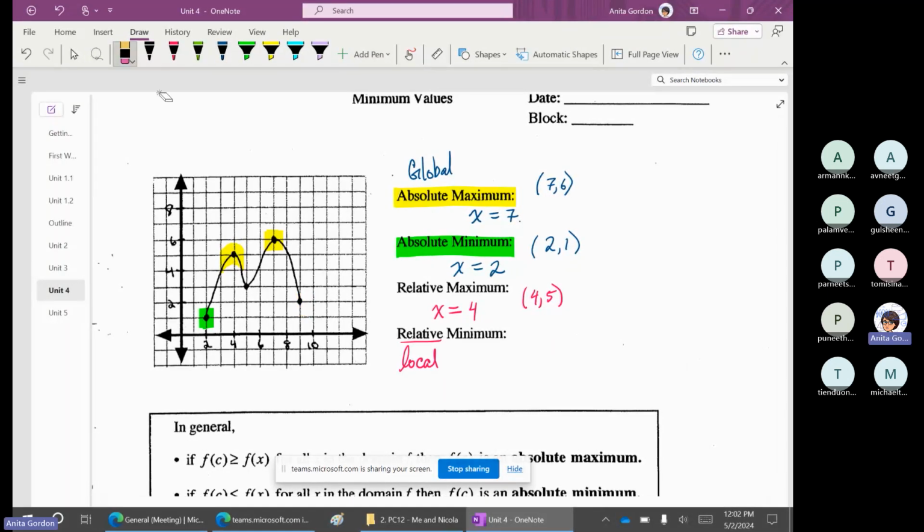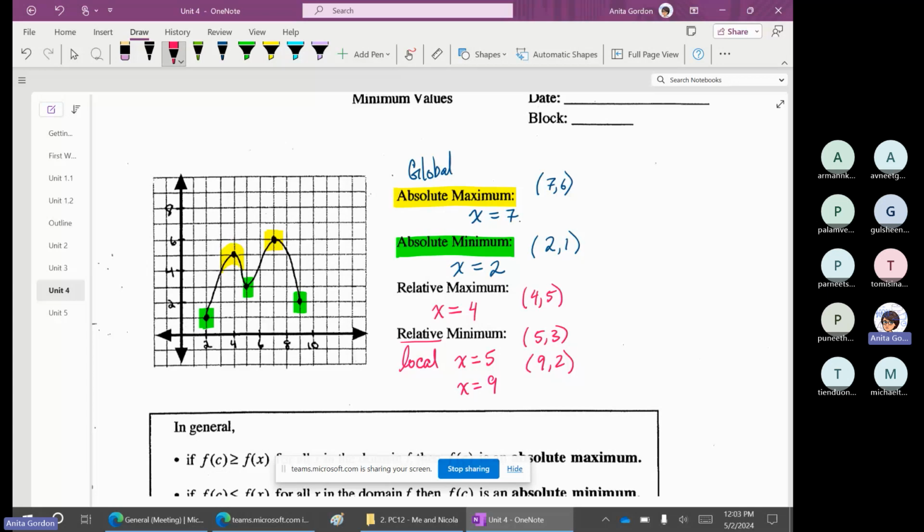I should use a different color. There's a minimum point here and a minimum point here. So we have two low points here. So two relative minimum locations at (5, 3) and at (9, 2). And the way that we describe this is it is located at x equals 5, and located at x equals 9 as well.